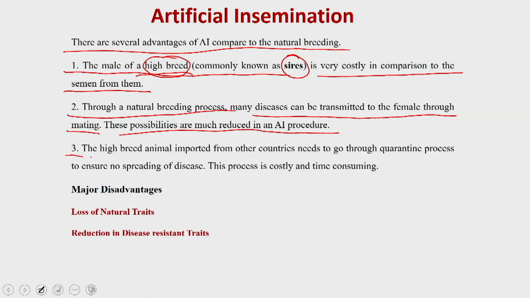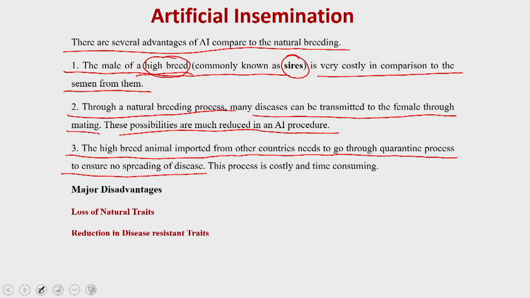The hybrid animals imported from other countries need to go through a quarantine process to ensure no spreading of disease. So, even if you have the money and would like to buy a hybrid from neighboring countries, when these breeds come to our country, they have to go through a quarantine process.